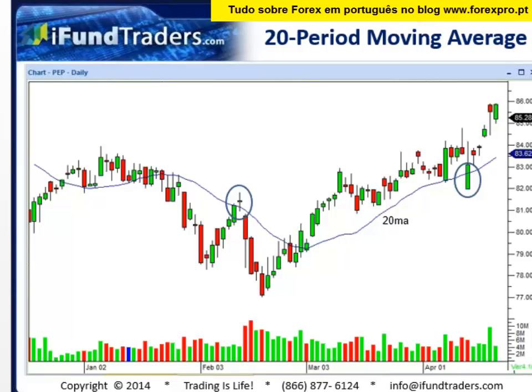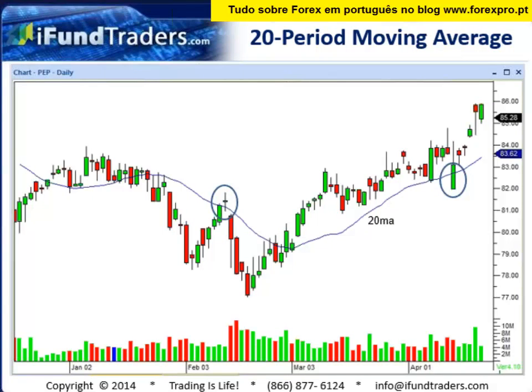What I like to instruct on is the daily, because when I use the daily for instruction purposes, the daily time frame has extraordinarily clear patterns with less noise. So I always teach the concept using the daily time frame, but everything I teach is applicable to any time frame.